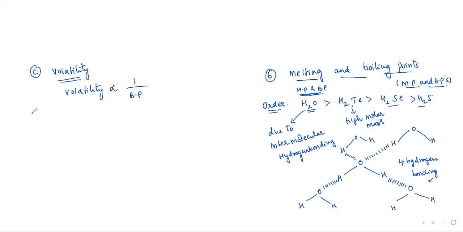If it has a low boiling point, it is highly volatile. If it has a high boiling point, it is less volatile. So the order of volatility is the reverse order of boiling points: H2S greater than H2Se greater than H2Te greater than H2O. So hydrogen sulfide is highly volatile.